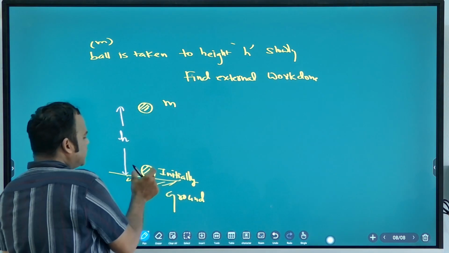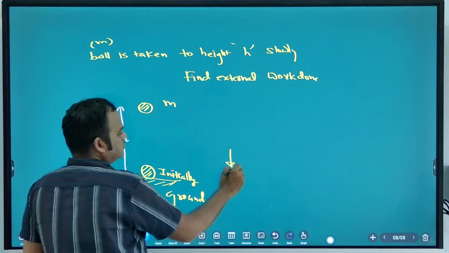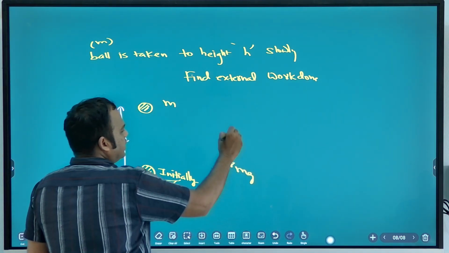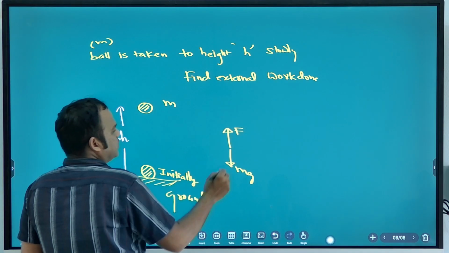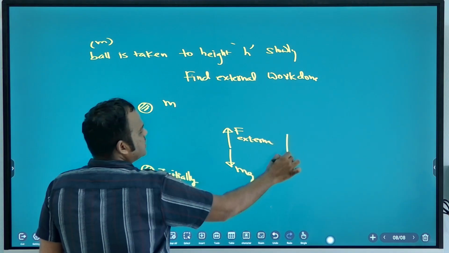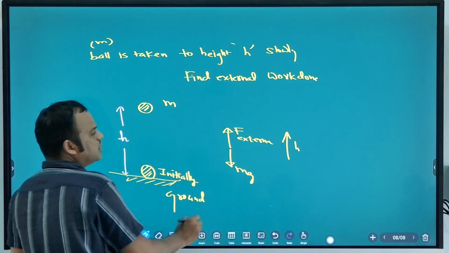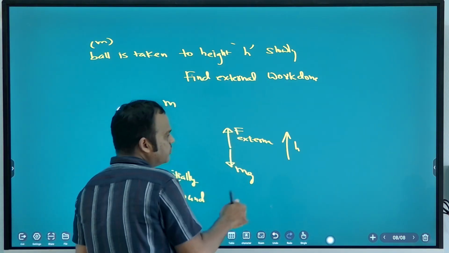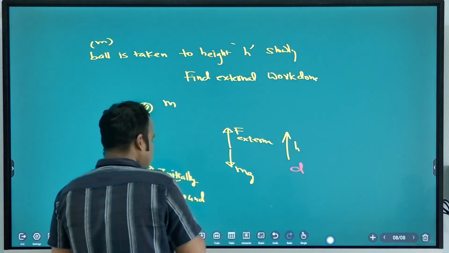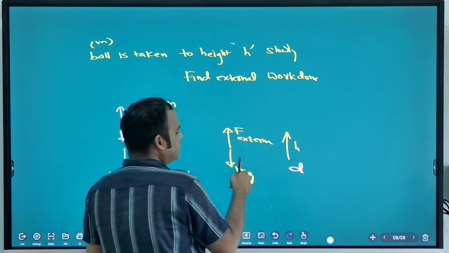So when you are taking it slowly, what is the downward force? Mg, and the external force is F. This is the external force, and what is the displacement? H. So now two forces are doing work. Which force is doing positive work? F or mg?